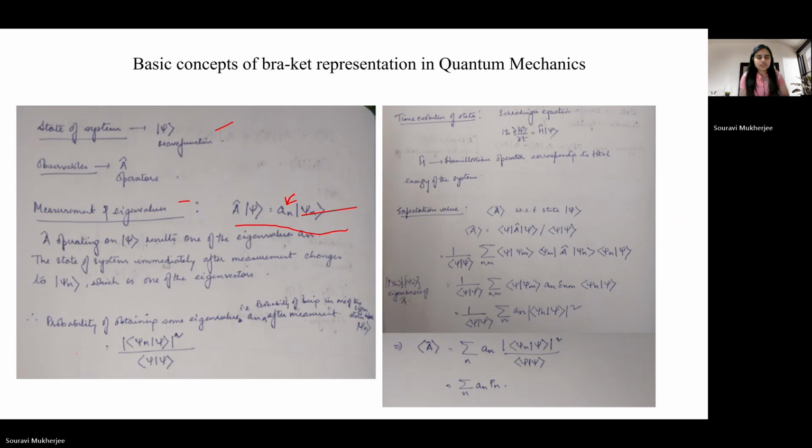Now, if you have a time evolving state, where things are changing as a function of time, you can use the Schrodinger equation, which is given as i h-bar del psi del t is equal to H psi. So H is the Hamiltonian operator, which corresponds to the total energy of the system.